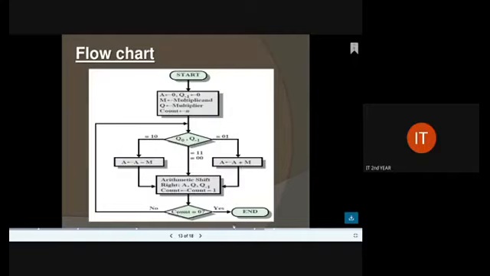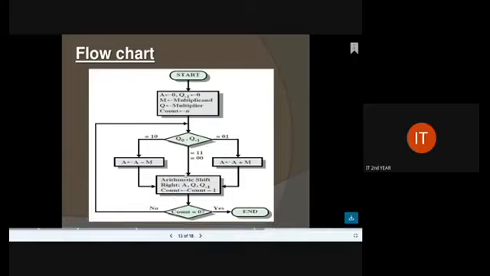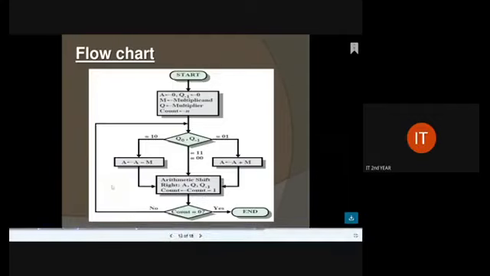If the Q naught Q minus 1 value is 1 1 or 0 0, again we will shift the registers to the right, so A, Q and Q minus 1 will be shifted right, and the counter value will be decremented. Again the loop will be going on until it reaches the end of the product.